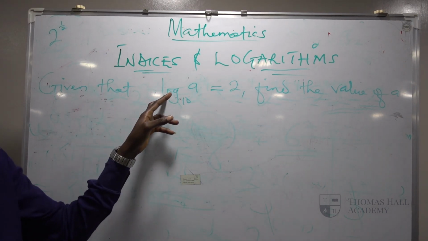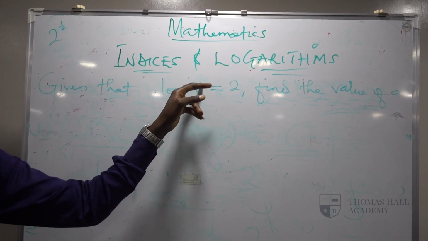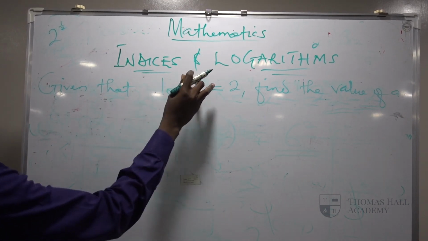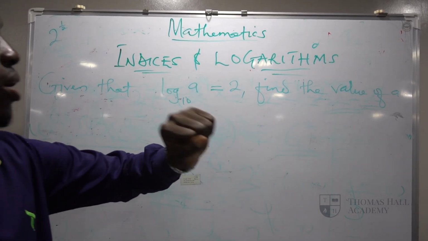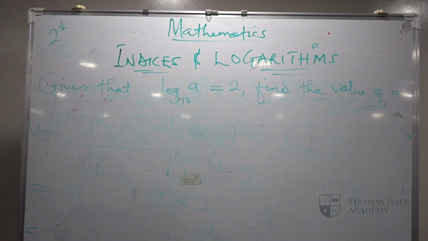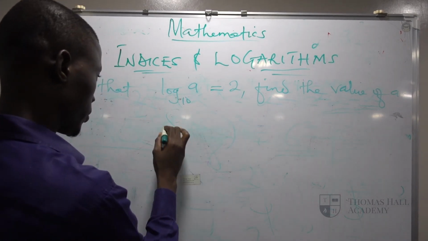Now, log a base 10. This is the base, and this is the logarithm itself. Log a base 10, that's how we call it. Log a base 10 equals 2. Find the value of a.